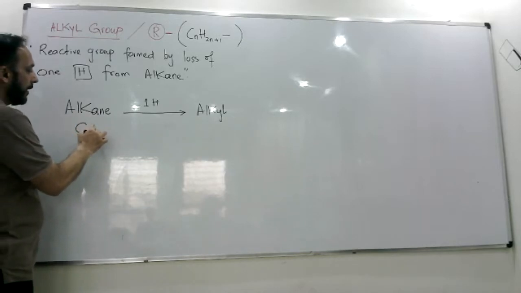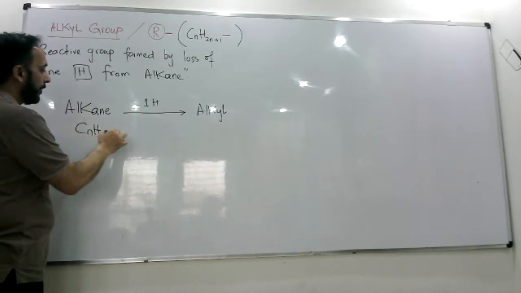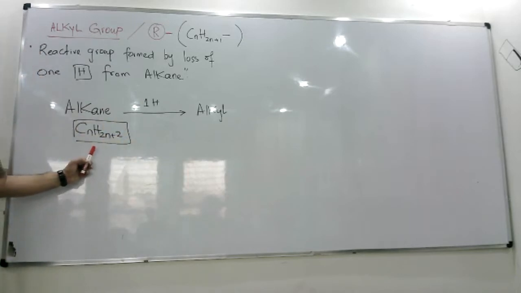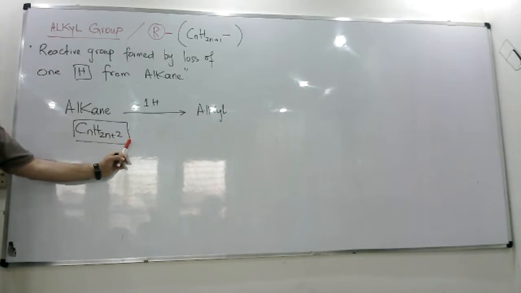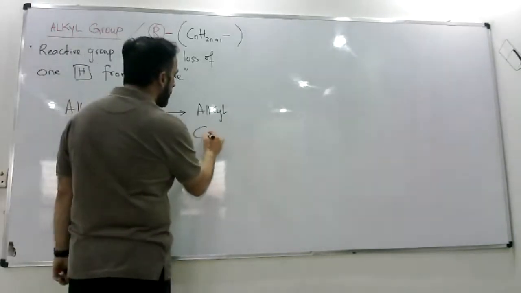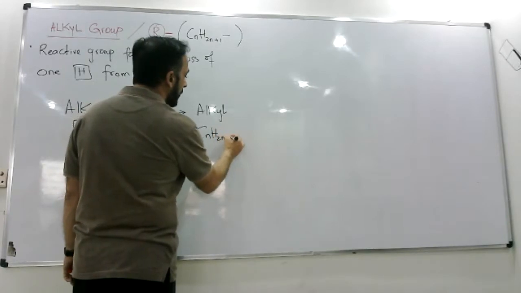So if I remove one hydrogen from this, CnH2n+2 minus 1, I reduce one hydrogen, it becomes plus 1. So the alkyl's general formula is CnH2n+1.